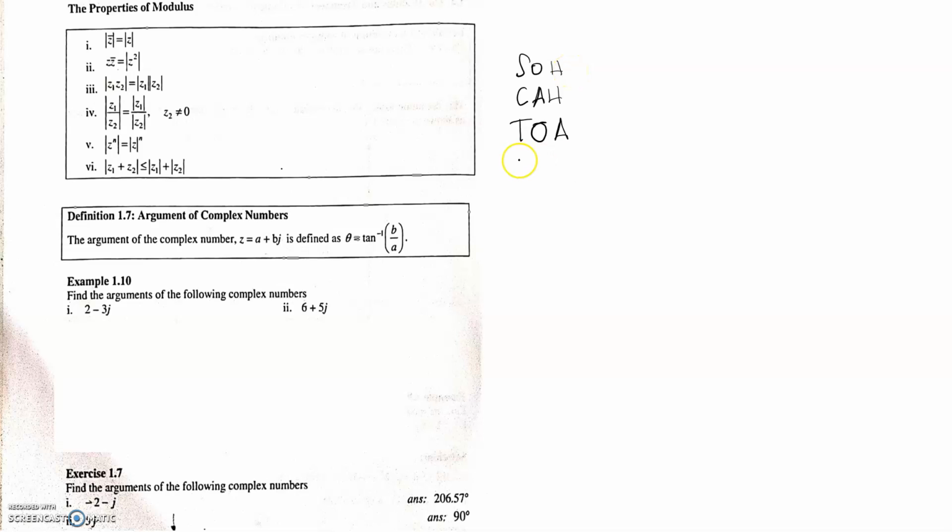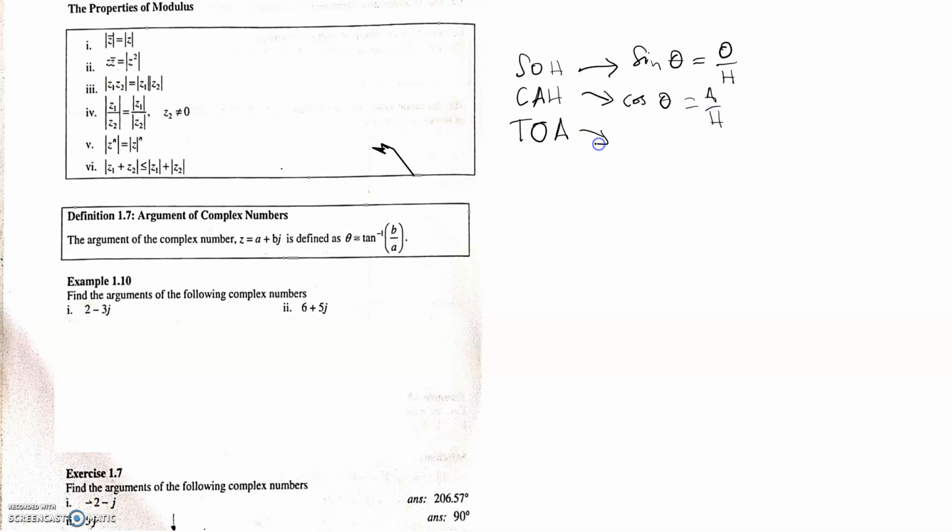SOH, meaning sine theta is opposite over hypotenuse. CAH, cos theta is adjacent over hypotenuse.